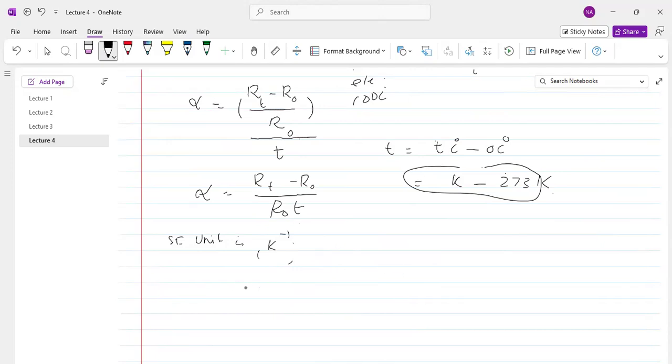Okay, now we want to make the relationship of this resistance with the resistivity.